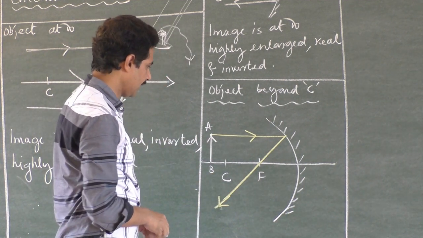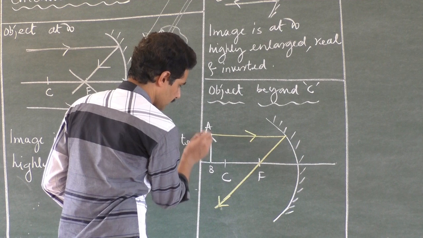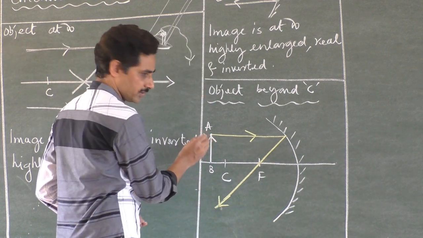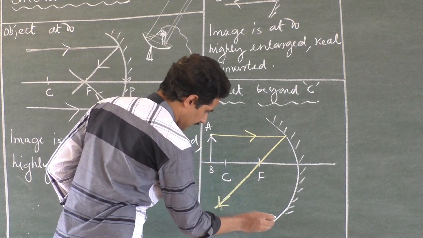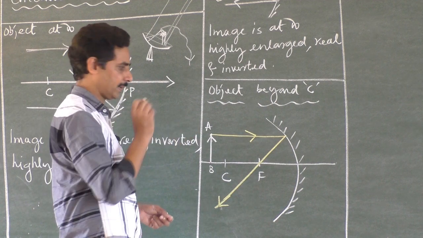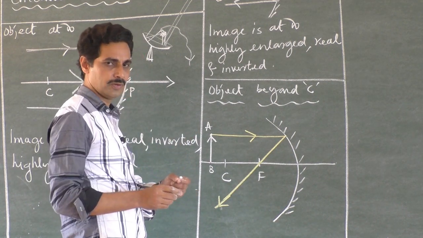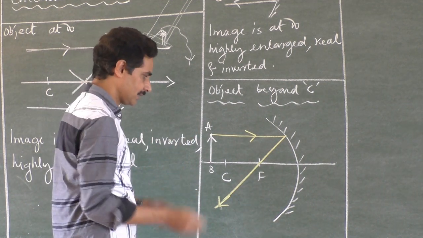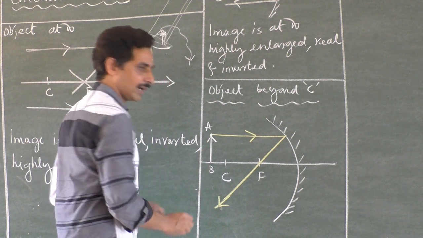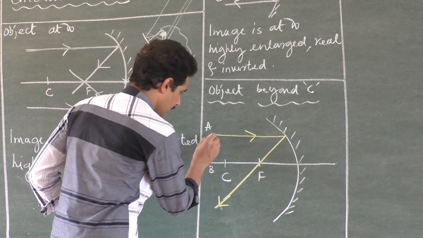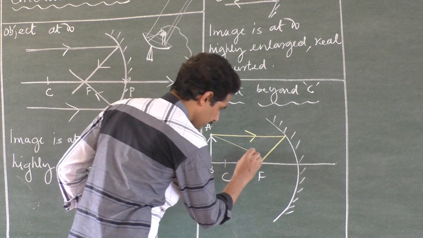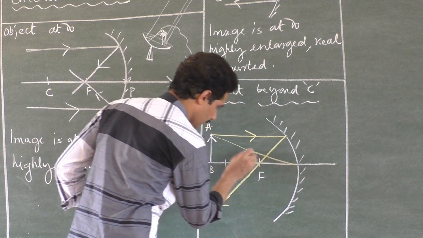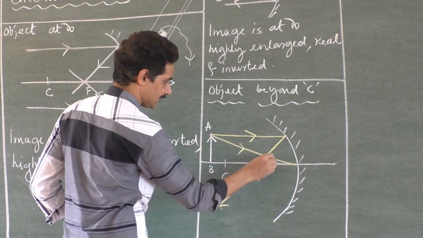Now let me consider another ray of light which is incident. Of course you can pass it through the center also, a ray of light passed through the center gets reflected back in the same path, that is also possible. But we will follow the ray which is in the NCERT syllabus, so that you can write the same answer in the exam also. Make a ray of light fall onto the pole at some angle. This is the angle of incidence.